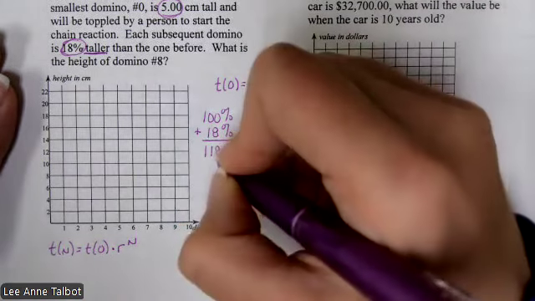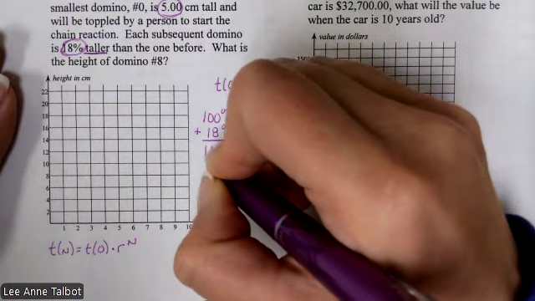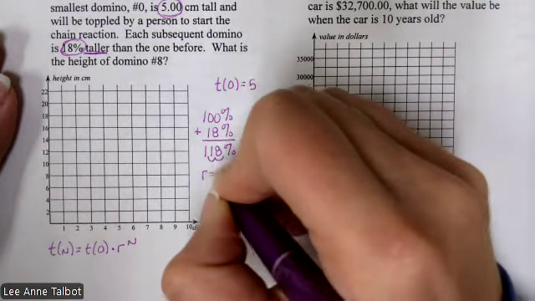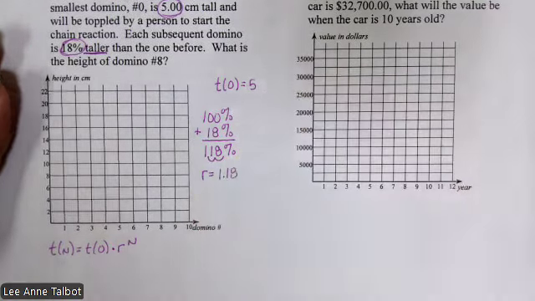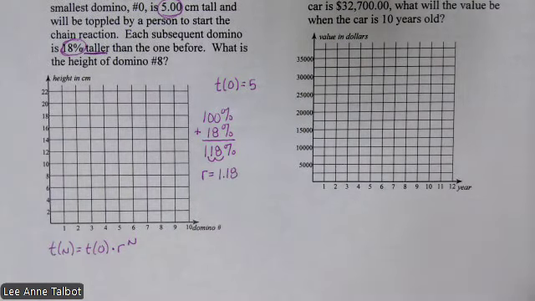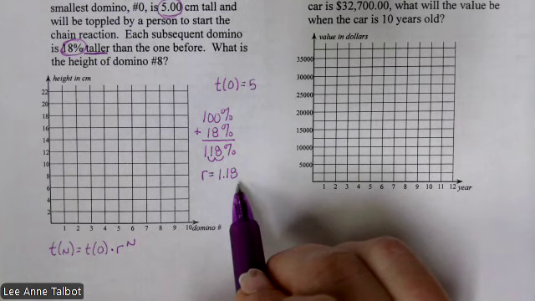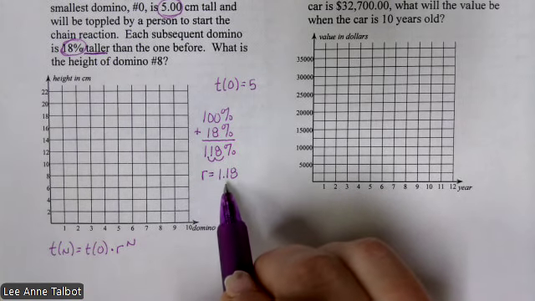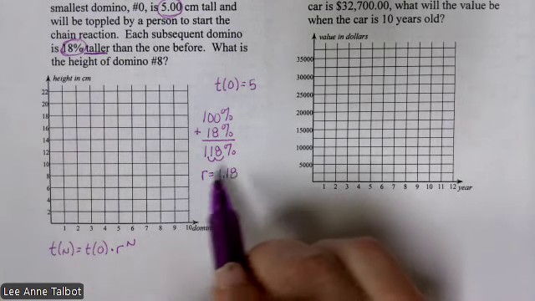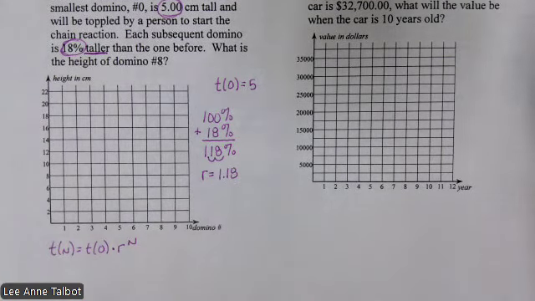And then move the decimal over 2 spots. So r is going to be 1.18. So your multiplier is not 0.18, it's 1.18. Because you've got to get it back to itself and then 18% more. Back to itself, 18% more. Back to itself, 18% more.